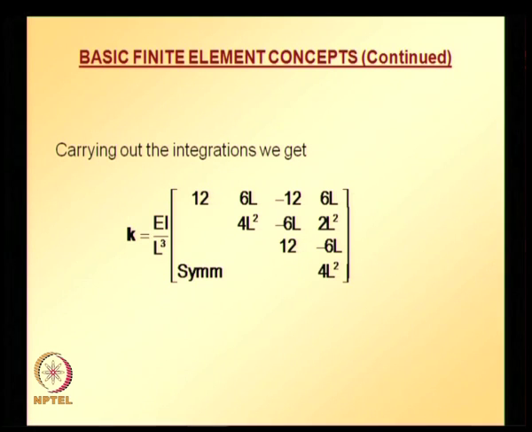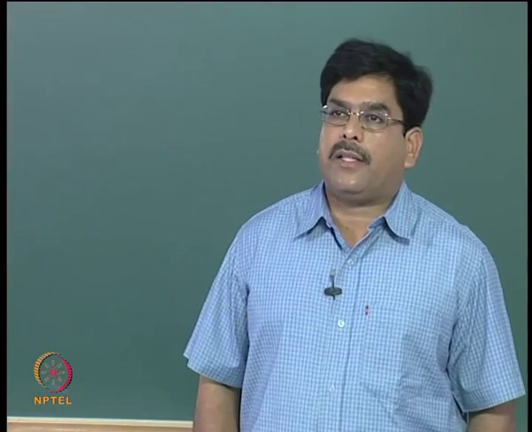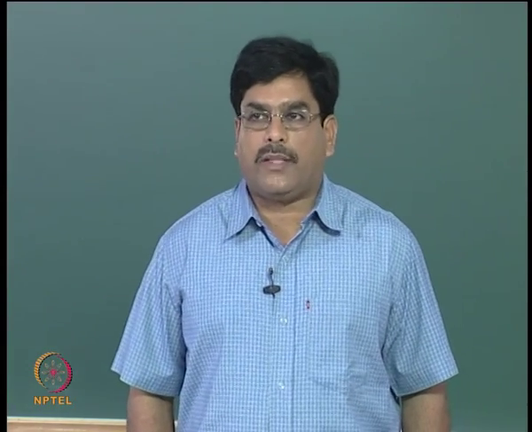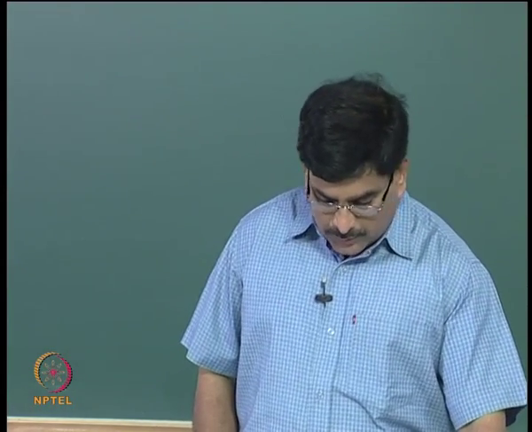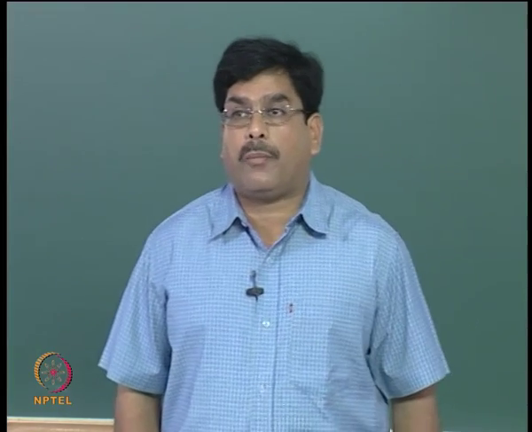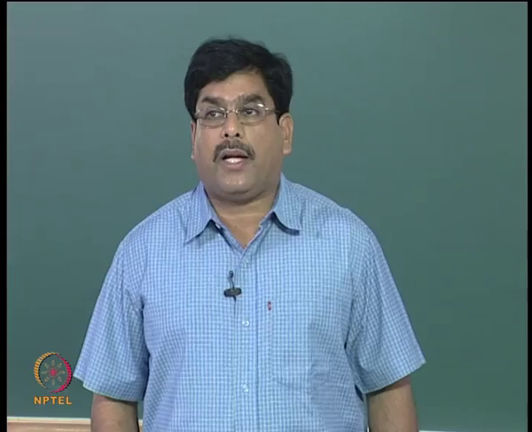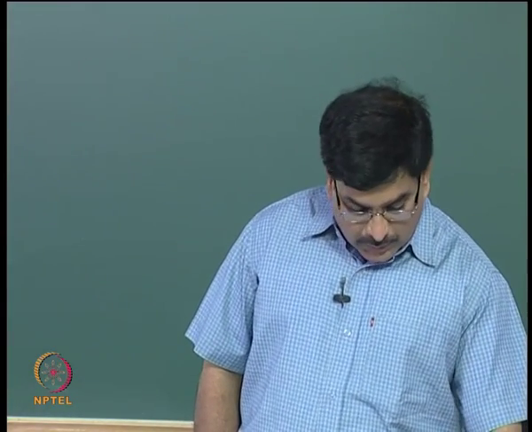And the stiffness matrix is a symmetric matrix and all the diagonal terms are always positive. So here only the upper triangular part is shown and the lower triangular part is nothing but a reflection of that.